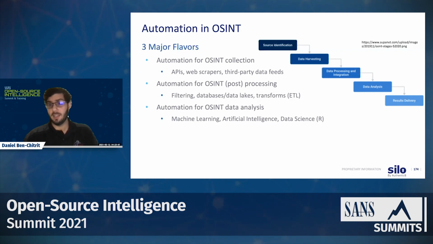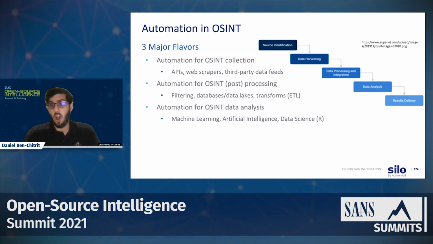To put it simply, automation can help me gather the data I need and make sure it's easy to access, make that data I've collected usable and easy to understand, and allow me to garner insight and value from that collected data.